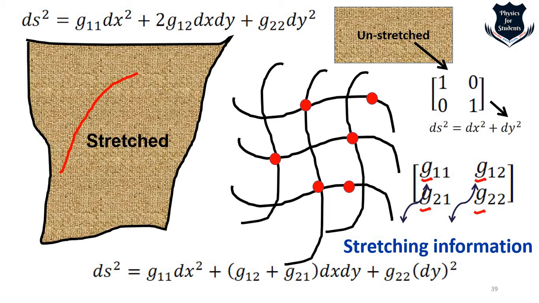Because for polar and other coordinates we have seen these values are something different, that is why we need to do that, and we get the value of G as containing the stretching information.